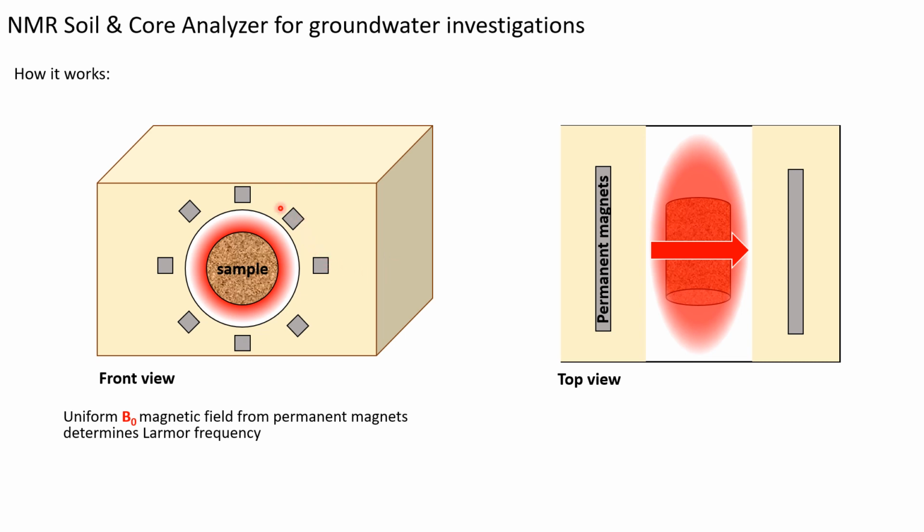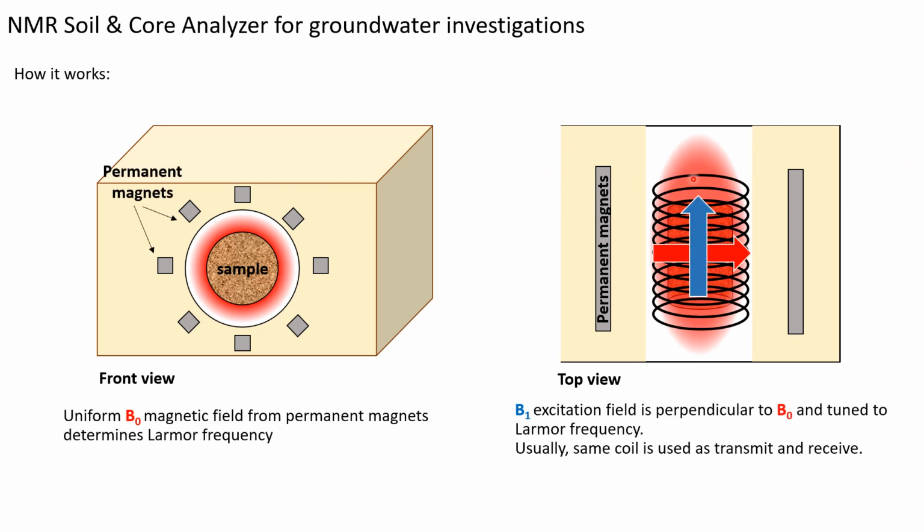So the technology again uses permanent magnets to create a uniform magnetic field in the center of the probe. So here, just the top view, you can see that all this formation, all this core sample senses the same magnetic field, which is associated with the same Larmor frequency.